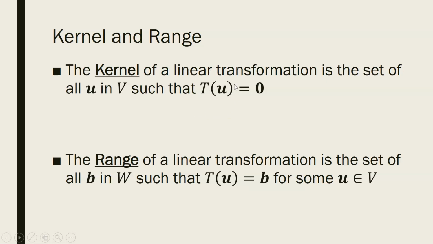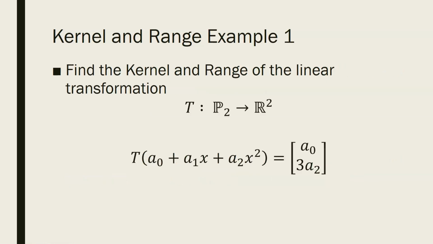But if we're not on Rn, then it pays to have these different terms, kernel and range. So let's take a moment to just think about what the kernel and range were for example 1.